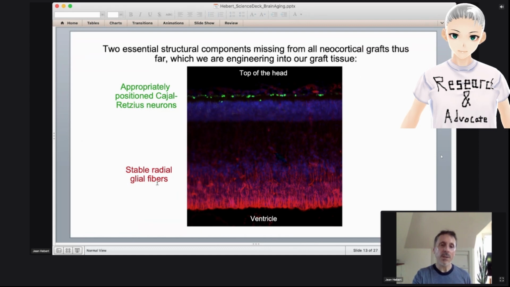Also very important is a stable radial glial fiber attachment to an overlying layer here that's not shown, but I'll come back to that. These fibers guide new neurons. These radial glial fibers are part of the radial glial stem cells that are not only stem cells, but by virtue of these fibers act as scaffold for the new neurons to migrate and form these layers in the neocortex.